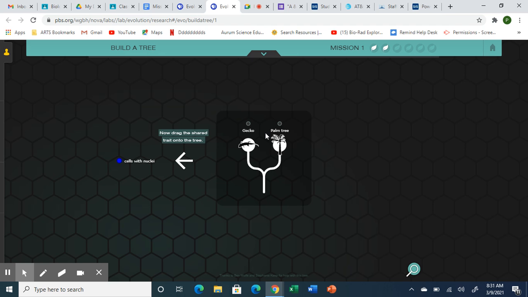All right. So now the trait you see that they share is cells with nuclei. Wonderful. So we are going to move it onto the tree. Do you notice there's 3 points? 3 circles, 1, 2, 3, that we could put this trait.